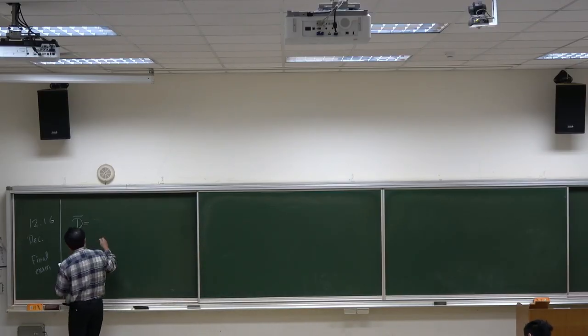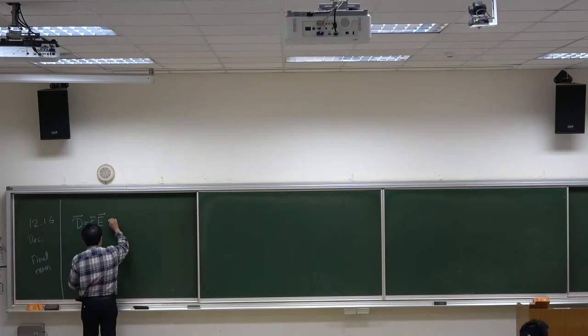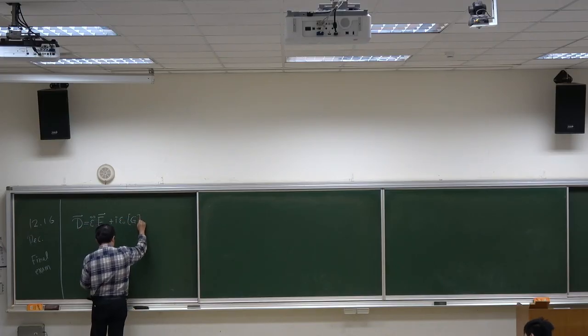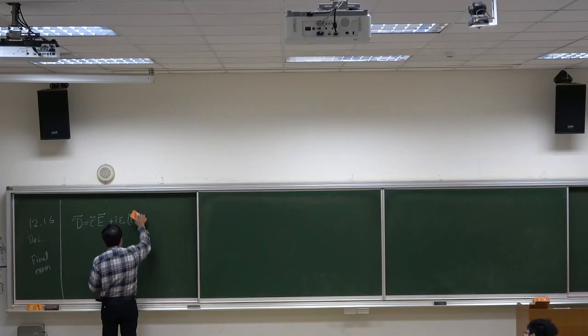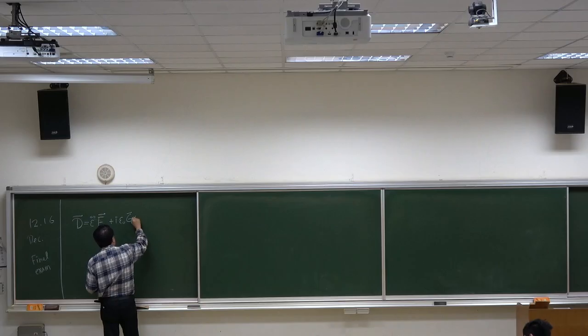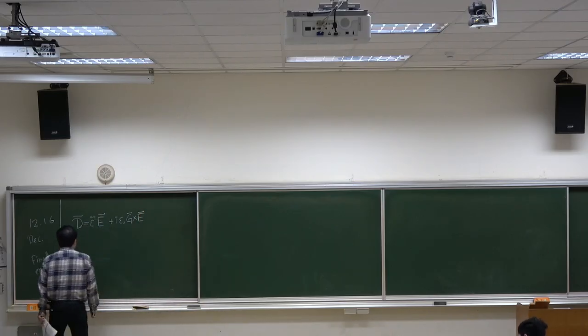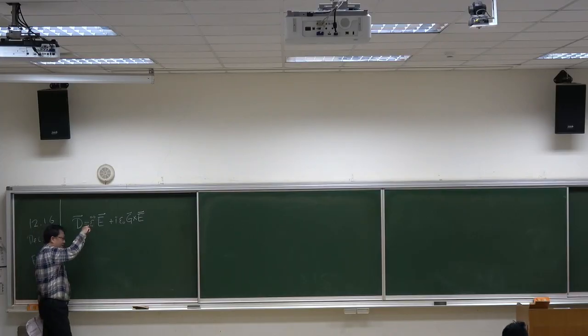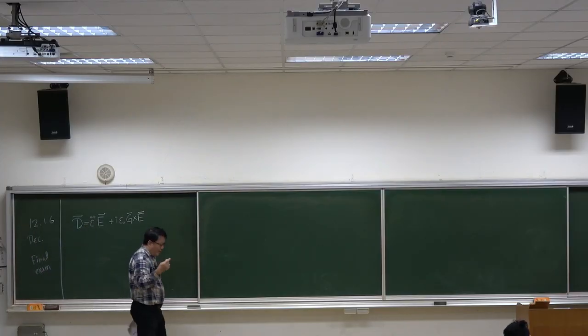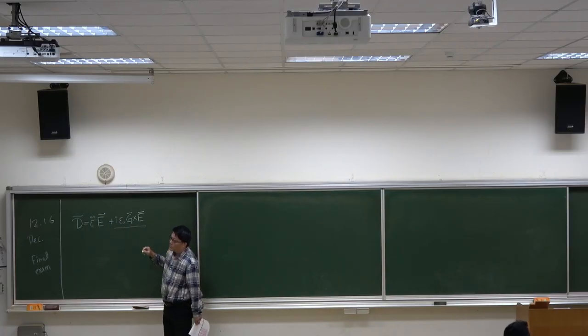In optically active medium, we can write this result. Here we have G cross E. This epsilon is the epsilon when optical activity is turned off.